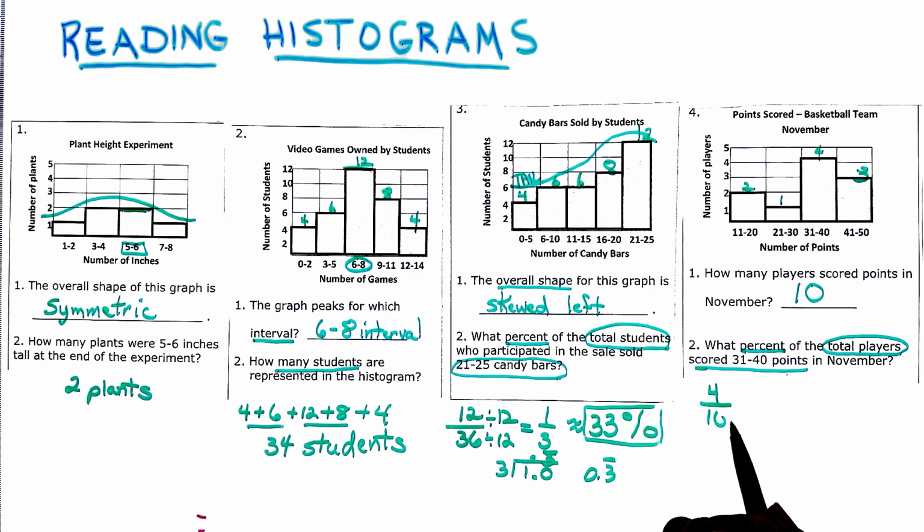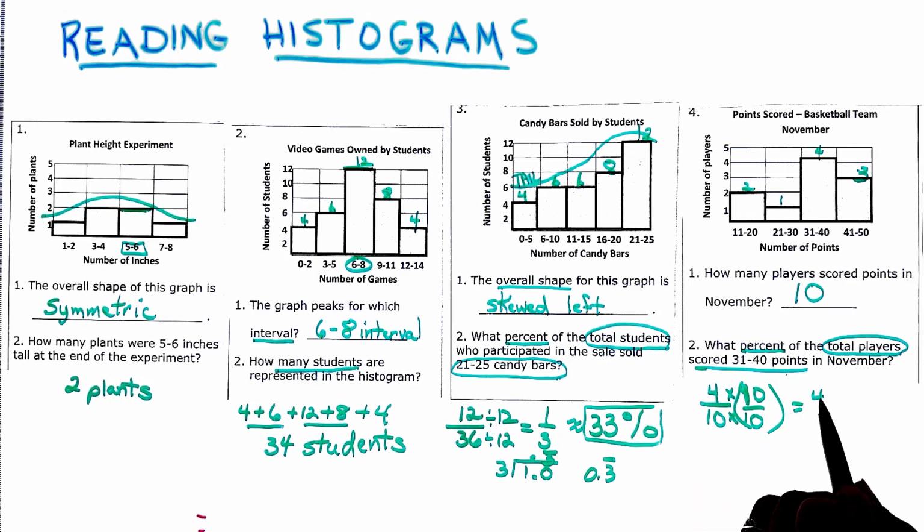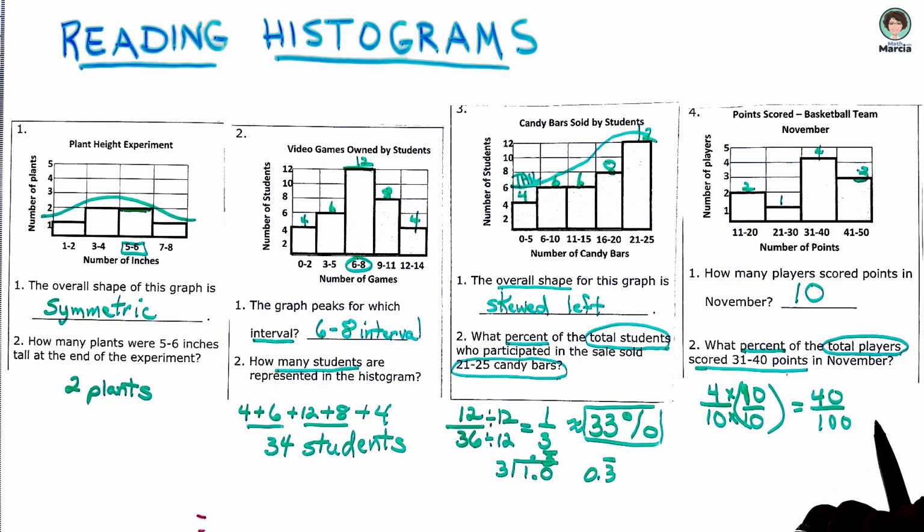Now to change this to a percent, I can multiply 4 times 10 and 10 times 10, because whatever you do to the numerator, you do to the denominator. So we end up with 40 over 100, and we know that is equal to 40%.